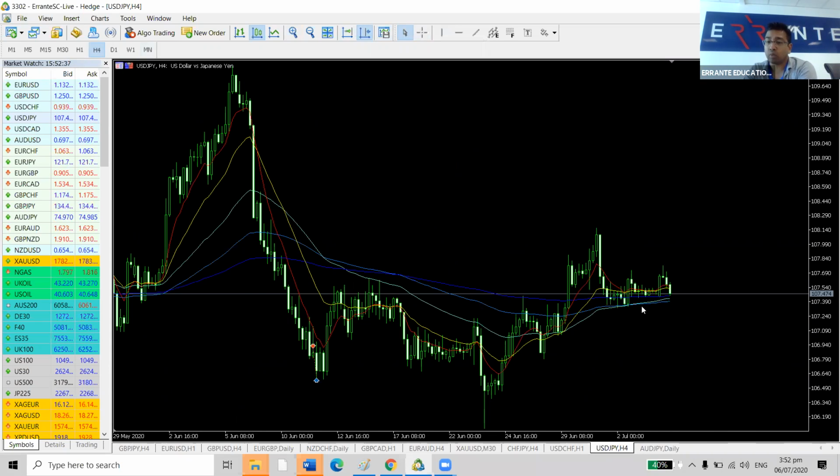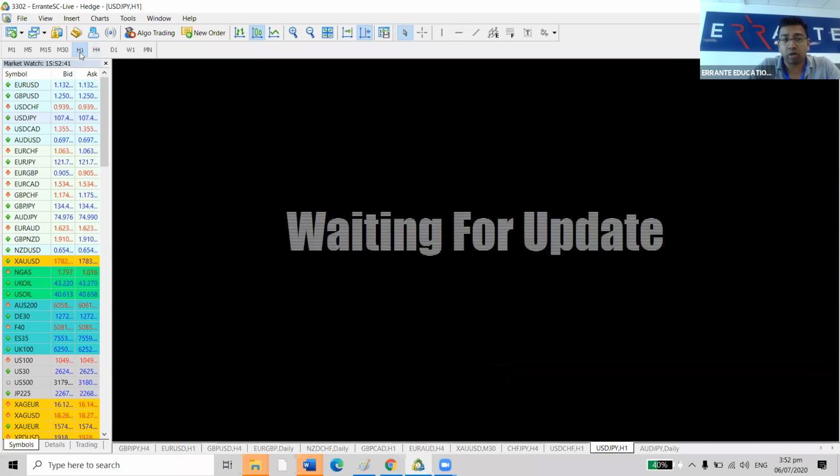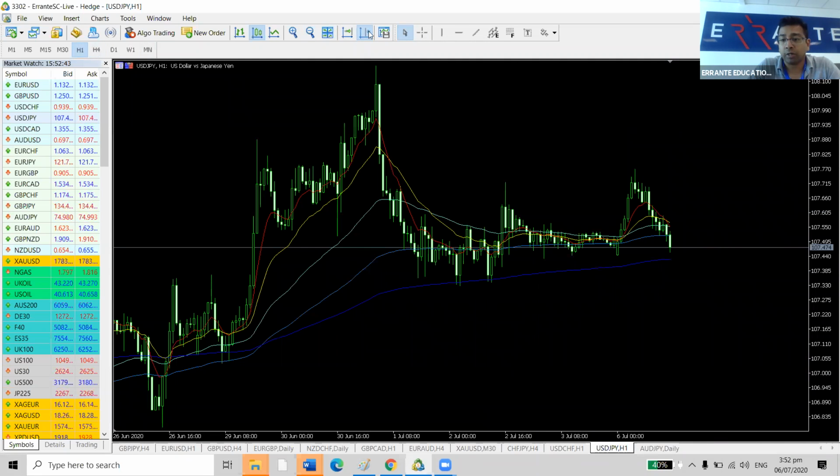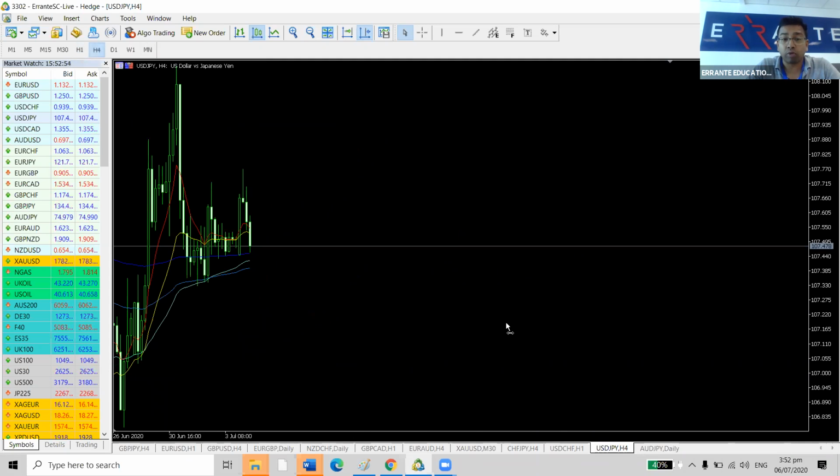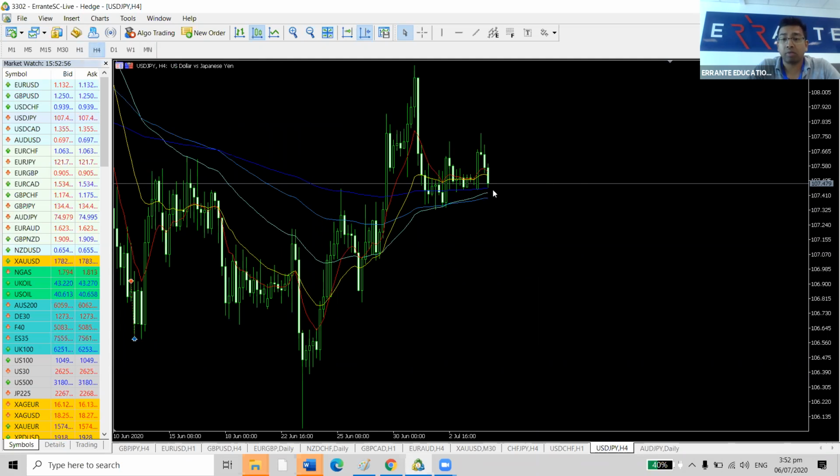It's going sideways at the moment, so we don't really know what the trend is on the 4-hour chart. If you go to the 1-hour chart, you could see it's the same thing. You've got candles going inside the 3 lines. It's in between the 100 and the 200 exponential moving average. You go onto the 4-hour chart, it's touching the line there, but the 3 lines are pointing sideways as well.